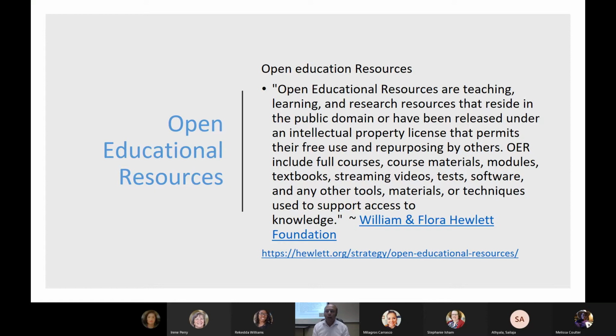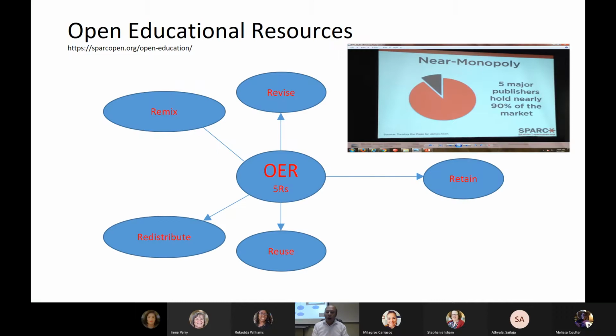There are 5 Rs related to OER: remix, revise, retain, redistribute, and reuse.